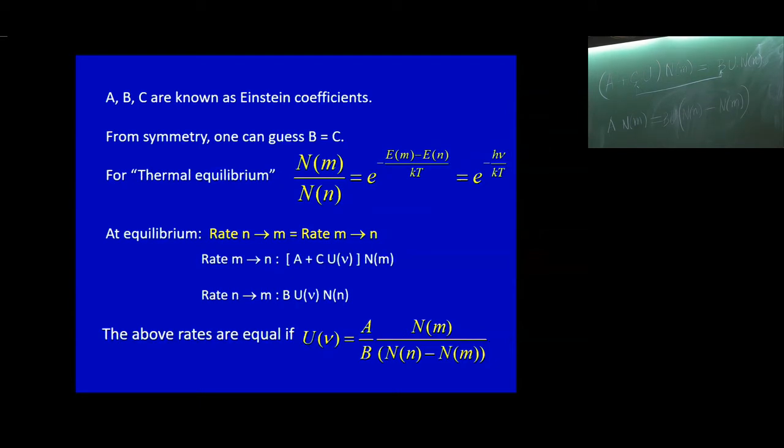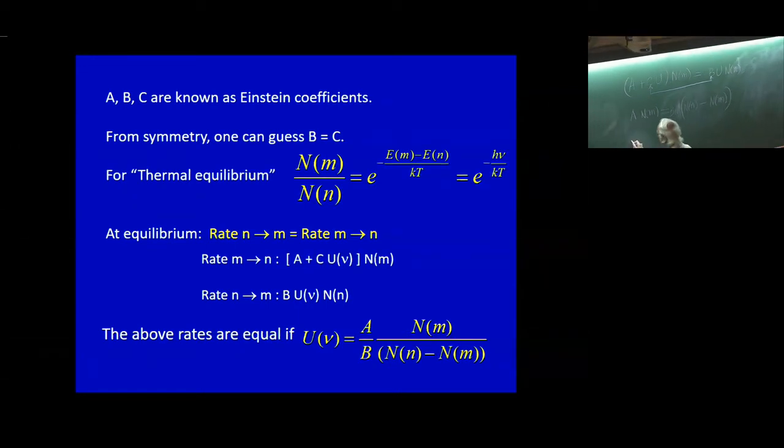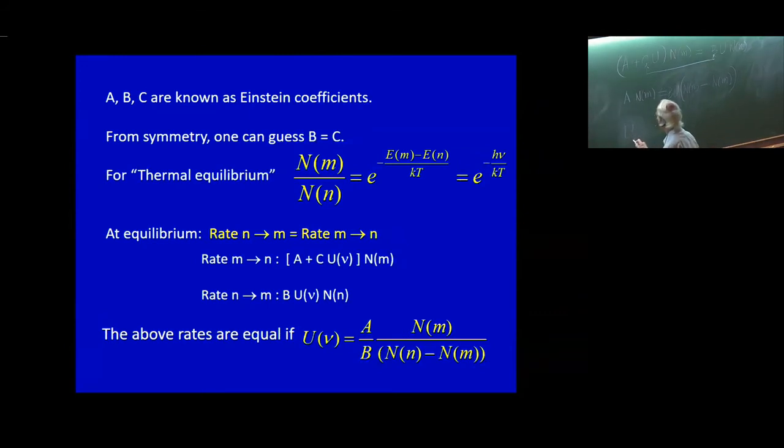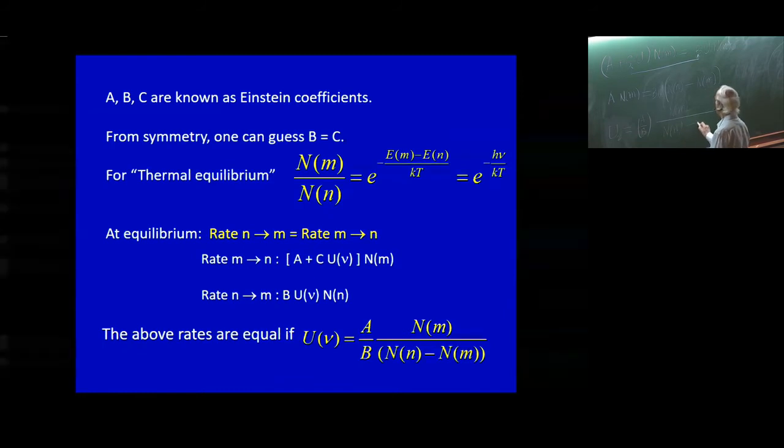So A over B is equal to, no, I want U. I want to solve for U. Therefore, U of nu, the energy density at a frequency, is equal to A over B, let's put a bracket there, the number of particles in the upper state M divided by the number of particles in the lower state minus the number of particles in the upper state.